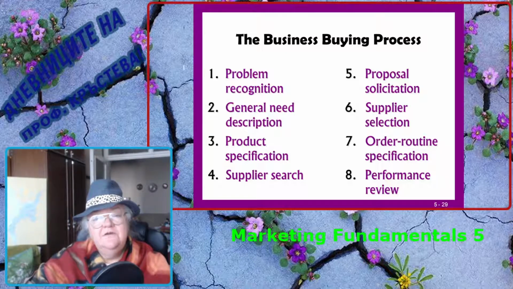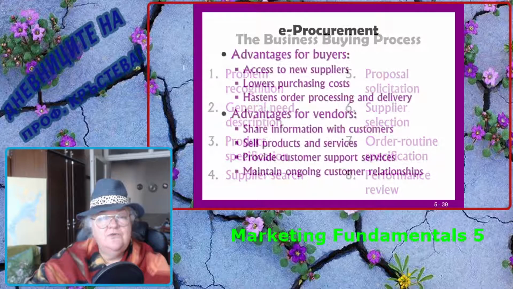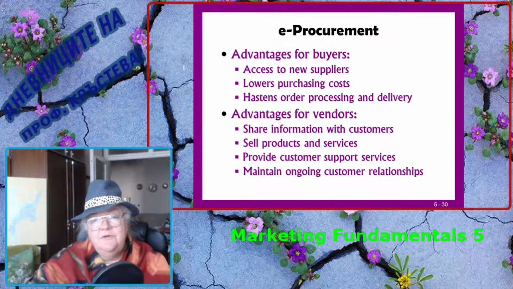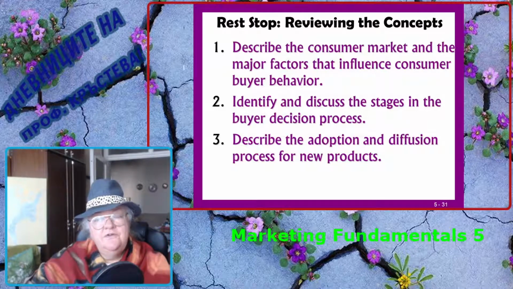First comes problem recognition, next general need description, product specification, supplier search, proposal solicitation, supplier selection, order routine specification, and finally the performance review. What does e-procurement mean? You have to check by yourself, but you may pause on this slide and study it deeply. Of course, at the end of this video is the rest stop, reviewing the concepts that we've gone through.